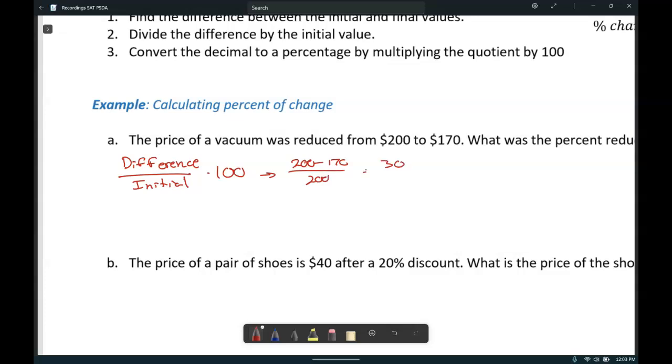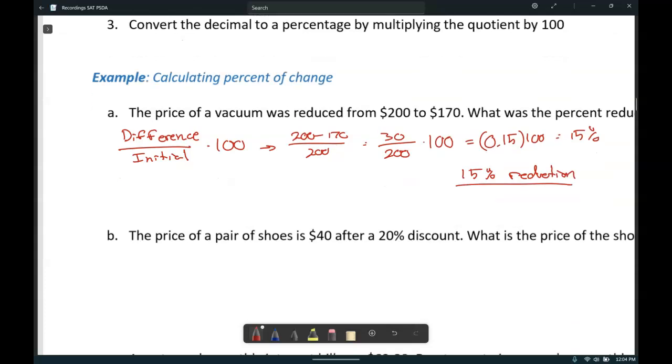So when we're looking at 30 divided by 200 times 100, we get 0.15 times 100, or a 15% reduction. So a 15% reduction or sale from the original price.